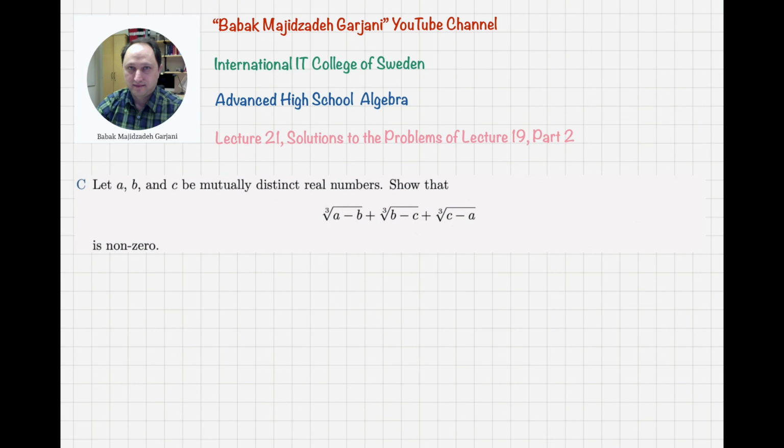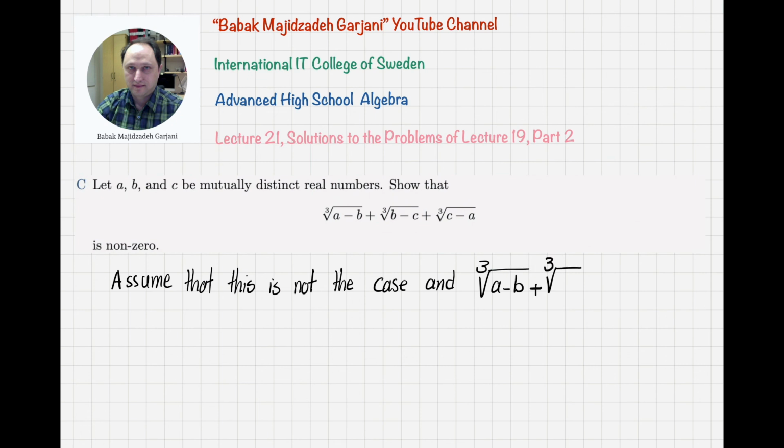So I would say, assume that this is not the case, and the third root of a minus b plus the third root of b minus c plus the third root of c minus a is equal to 0.